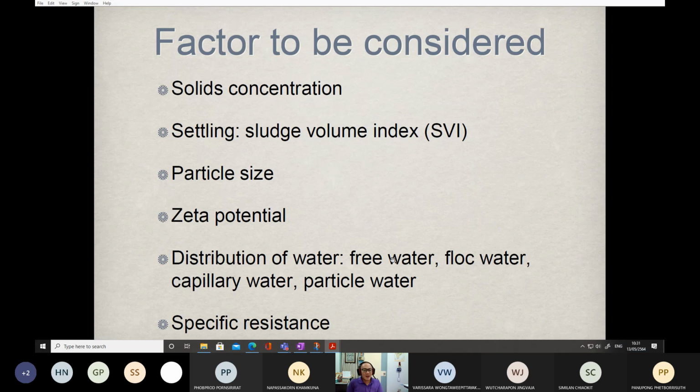Particle size and zeta potential are also factors to be considered while doing the sludge treatment and management. Another factor is the distribution of water: free water, floc water, capillary water, or particle water.